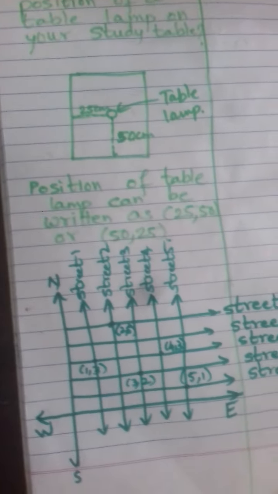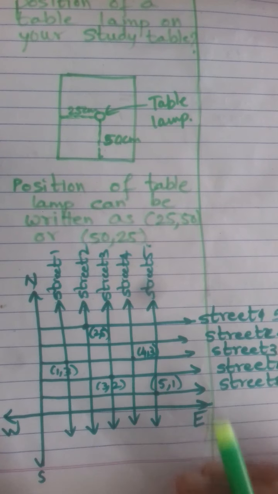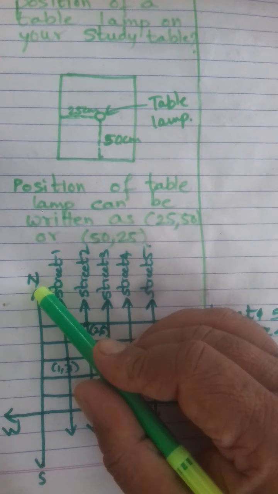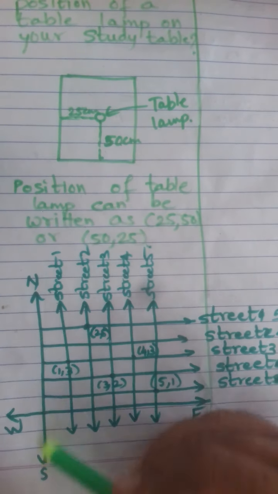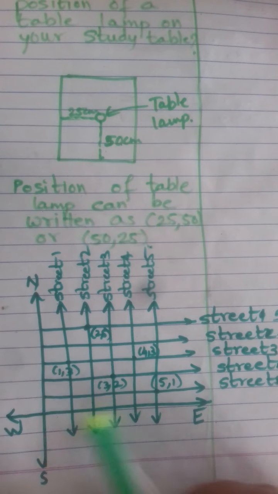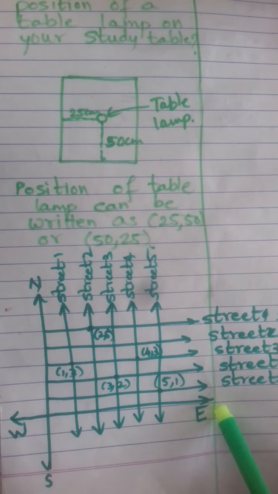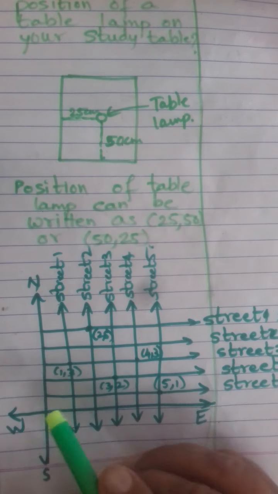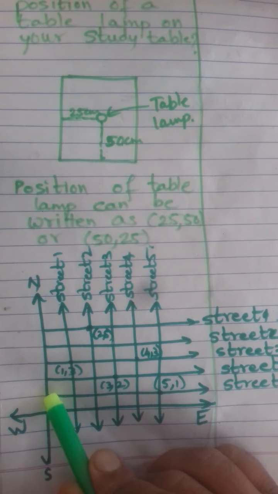So this you can do in your fair book. Now see how you can do it. There are two main roads. One runs along north-south direction, this is the first main road. The second one runs along east-west direction. Taking 1 centimeter equal to 200 meters, at every centimeter you can draw one line.